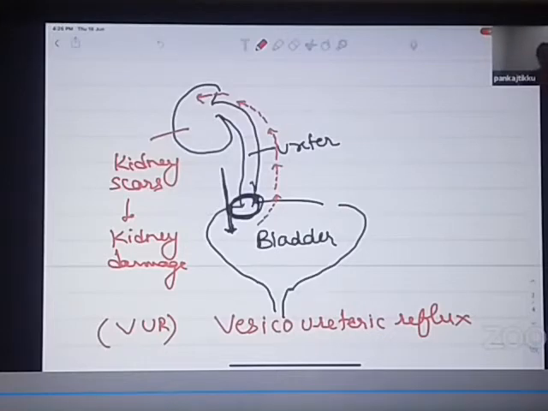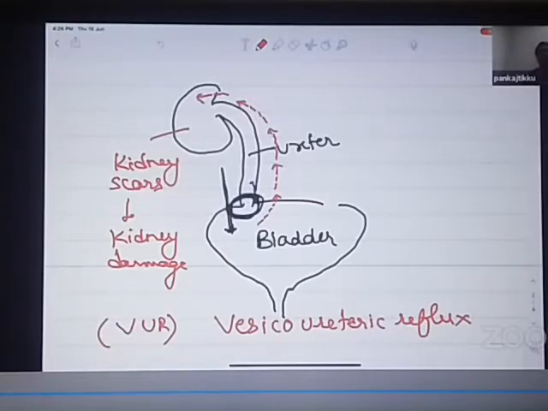It's very easy to understand. If urine from the bladder goes up into the kidneys again and again, the bladder urine may contain infection, and this will allow the infection to go up and enter the kidneys again and again. This will ultimately cause scarring in the kidneys and may cause total kidney damage.